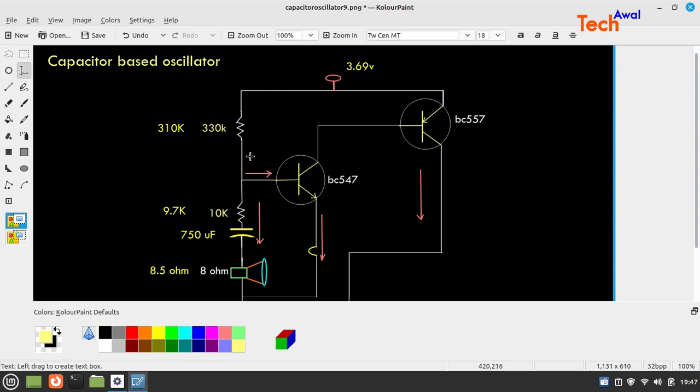We'll measure IB, and here the voltage would be VB. This is IE and this is IC of the PNP, and we can call it I capacitor.